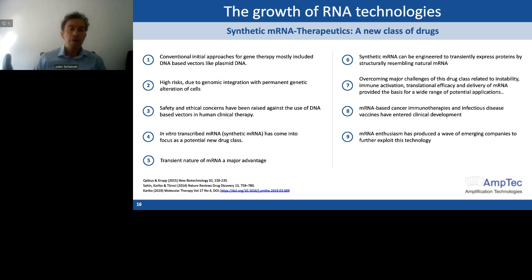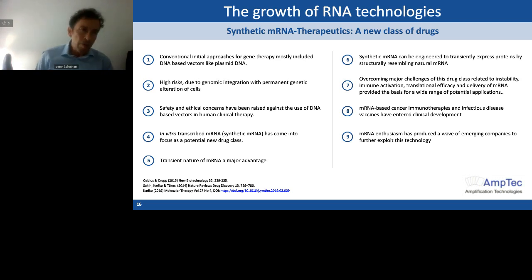It will not be able to enter the nucleus, and it will, of course, not be able to generate any kind of genome integration effects. Also, synthetic mRNAs can be produced and engineered to function more or less like the cellular mRNAs. So you can transiently express proteins by structurally resembling natural mRNAs.